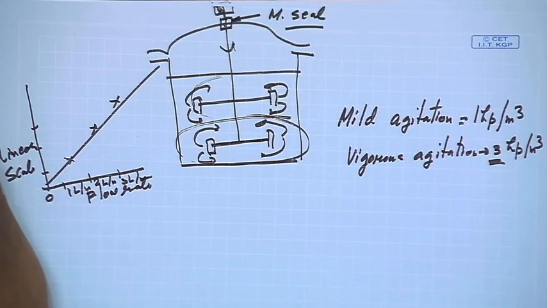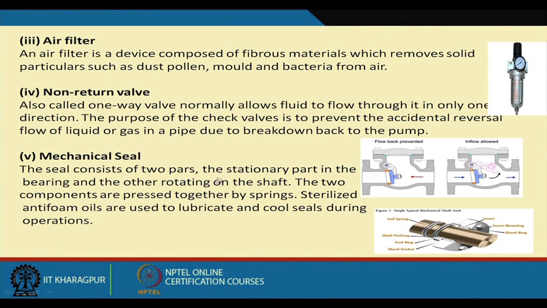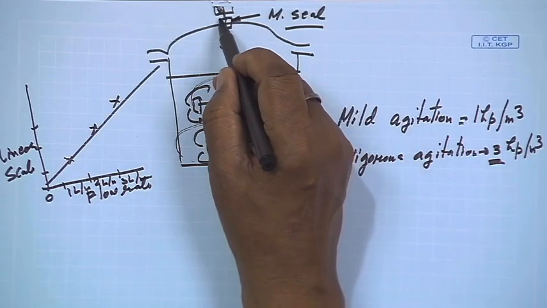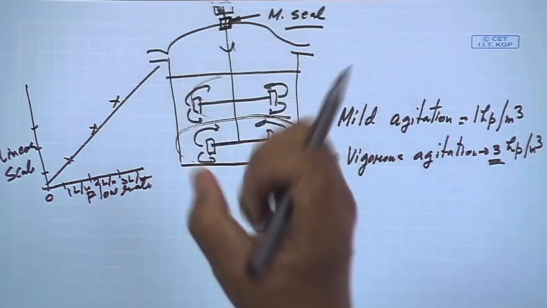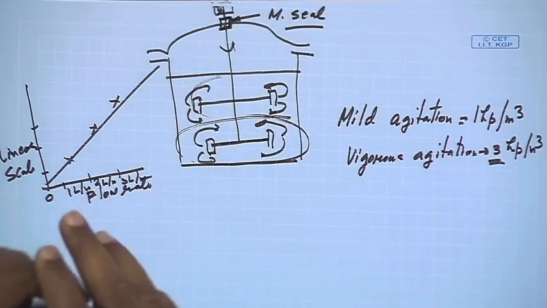So the mechanical seal consists of two parts. This is the stationary part in the bearing, and the other is the rotating shaft. One is stationary and the other is rotating. When you talk about the mechanical seal, that is stationary, fixed, and then your shaft is going inside, that is moving.